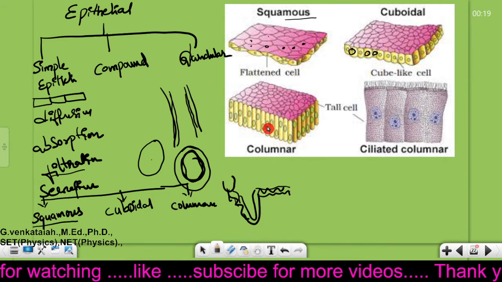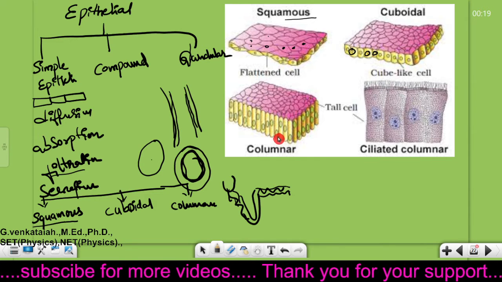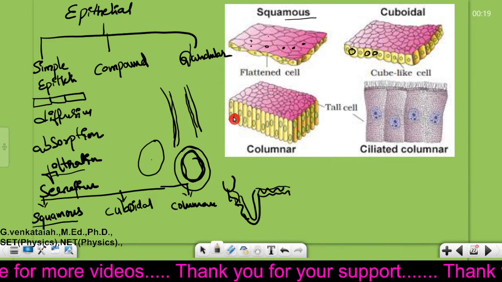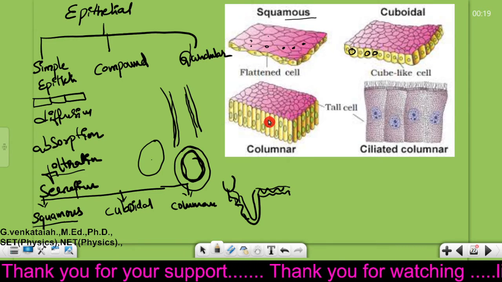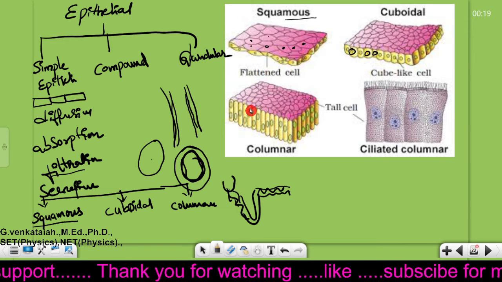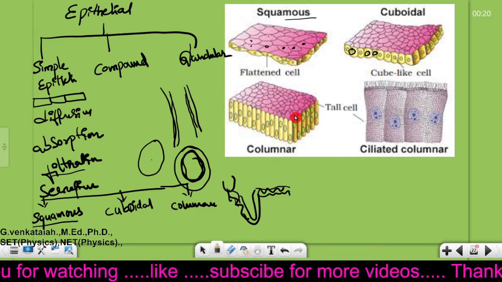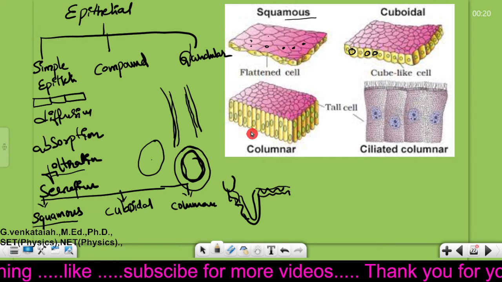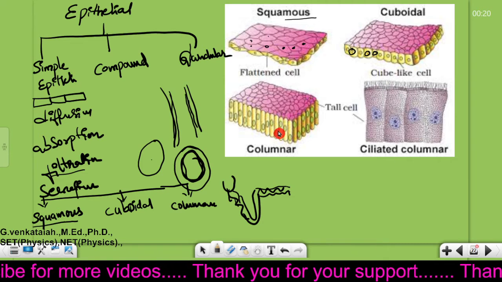Here also the cells are in a single layer, with no multiple layers, so it is a simple epithelial tissue. Such epithelial cells are called single columnar epithelium tissue.